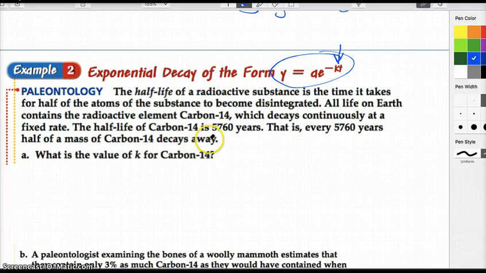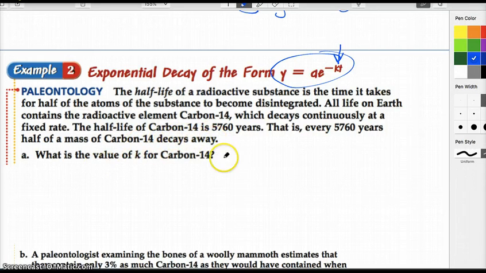This is how, by the way, scientists can age different things and say how long they've been on the Earth, using carbon-14. The half-life of carbon-14 is 5,760 years. That is, every 5,760 years, half of the mass of the carbon-14 decays away.